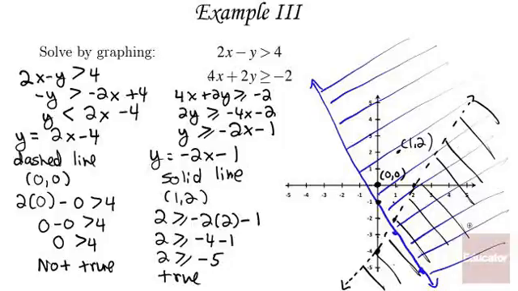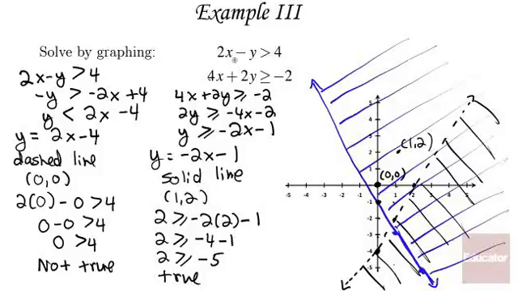Once I've done that, I can see that the solution set for this system of inequalities is right here. It is the area bounded by this line, and including the line, and then the area bounded by the dashed line right here, but not including it. So this lower right section of the graph.